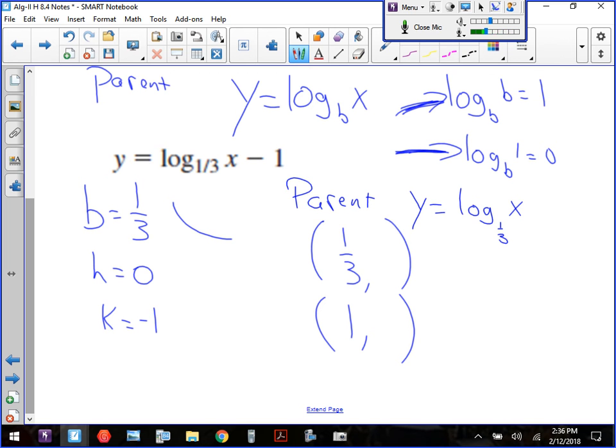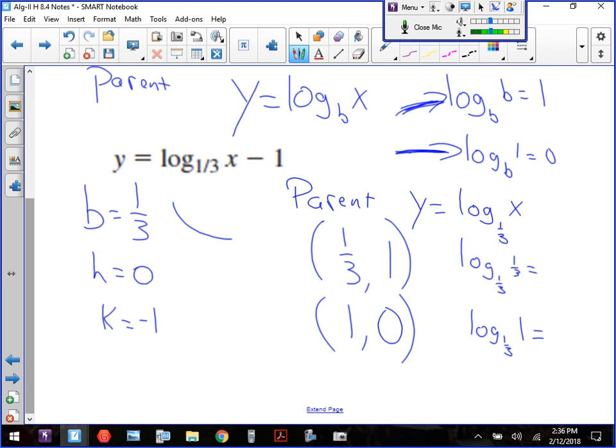So if I substitute in log base 1/3 of 1/3, what do you get? I get 1 because the property tells me so. And if I use log base 1/3 of 1, what does the property say that has to equal? 0. See how fast that is? You don't have to really think about much. You just have to remember the 2 properties.